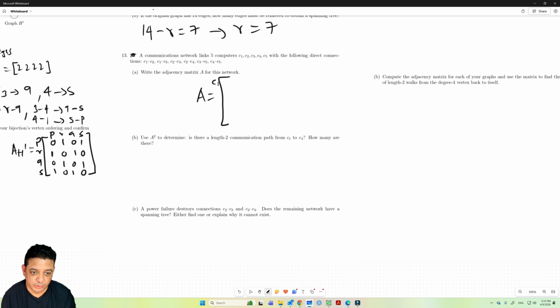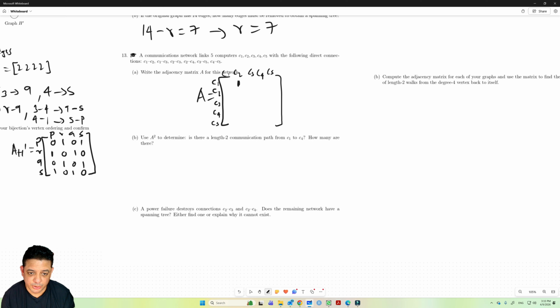So we can just write C1, C2, C3, C4, and C5, and we can have the same structure on the top. So it's going to be C1, C2, C3, C4, C5. So C1 is joined by C2, so that means that we're going to have a 1 here.